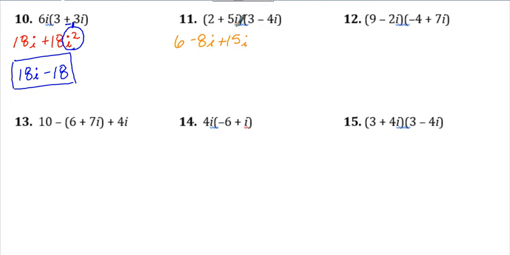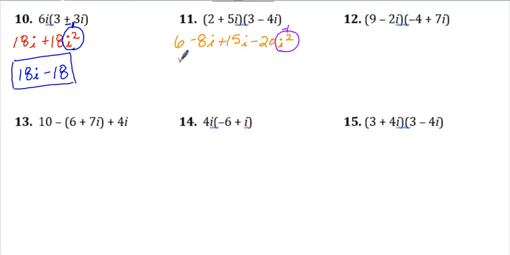And be careful here. 5i times negative 4i is negative 20i squared. Be very careful there. We are going to replace this i squared with a negative 1. So this is going to be a negative 20 times a negative 1, okay?